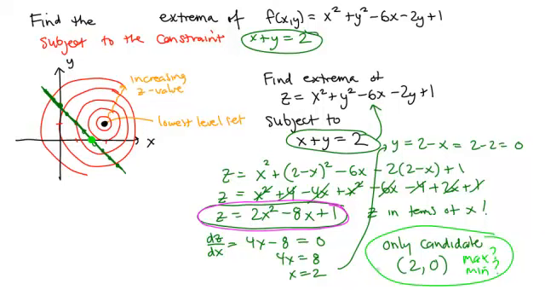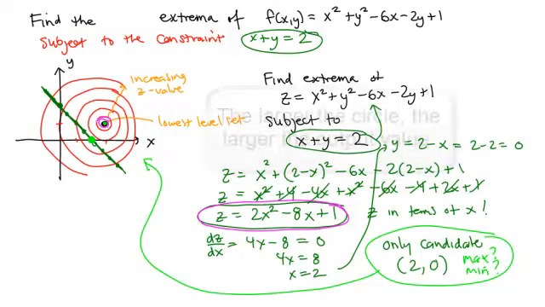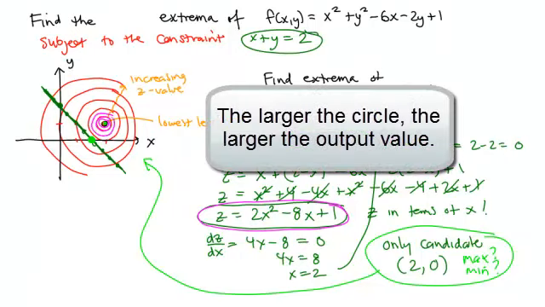So how do we tell whether this is a max or a minimum or anything else? Well, one useful piece of information we've already got is this graph. Let's take a look at what happens right here. We know that the middle is the lowest level set. So as I draw more and more level sets, this is a small z value, a slightly larger z value, and so on.